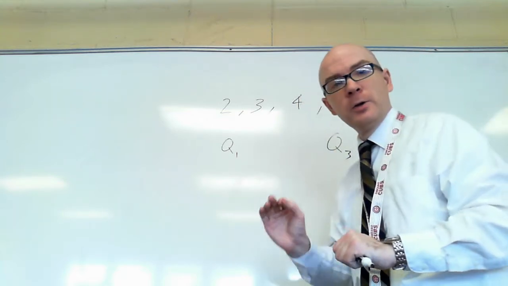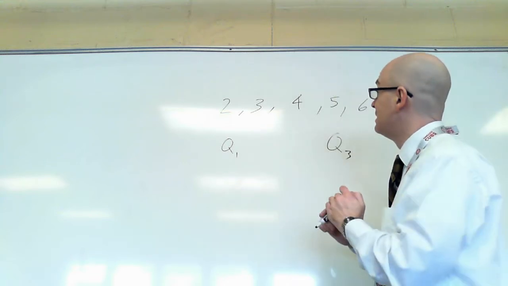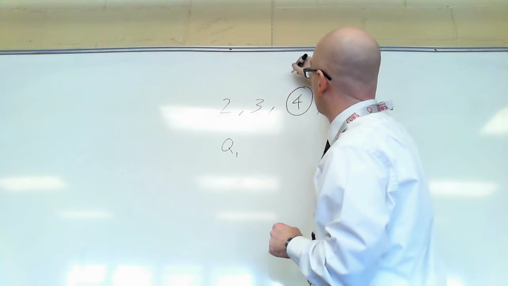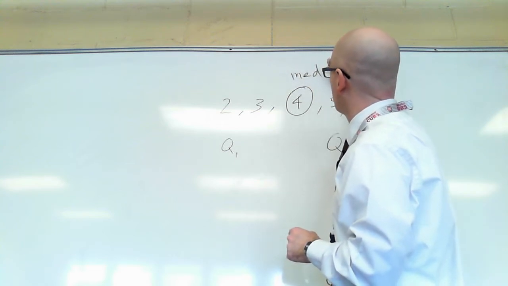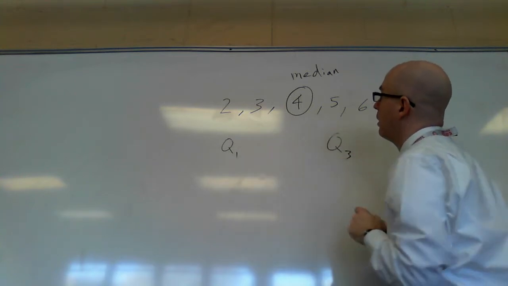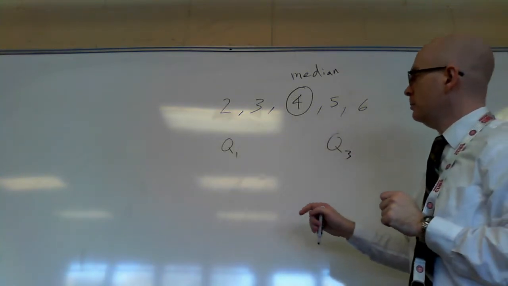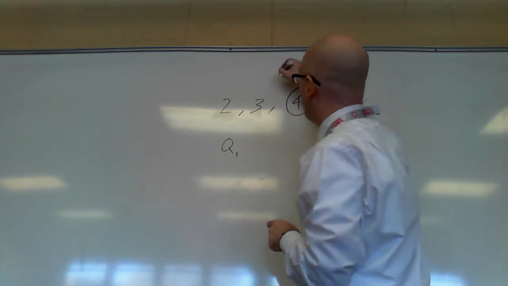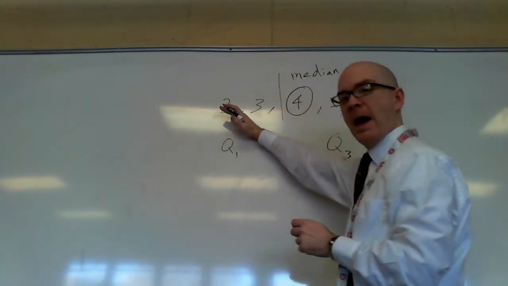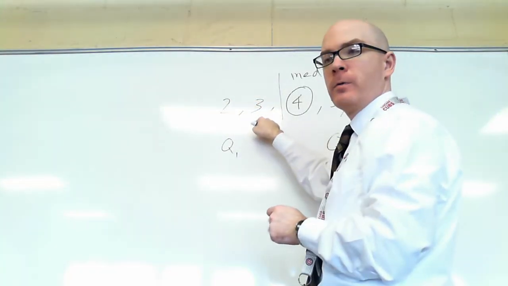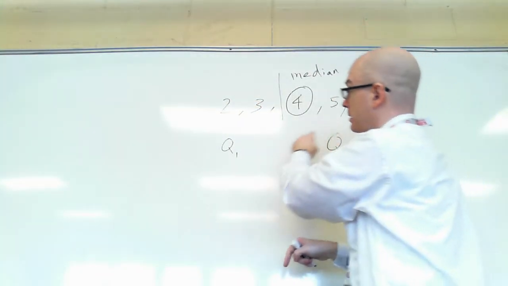To find your quartiles, first thing you have to do is identify your median. So this is our median, right? It is the middle value between all of our numbers here. And to get our first quartile, we're only going to be working with the first half of the numbers. Okay? So I'm only working with 2 and 3 right now. I'm going to totally forget about 5 and 6.